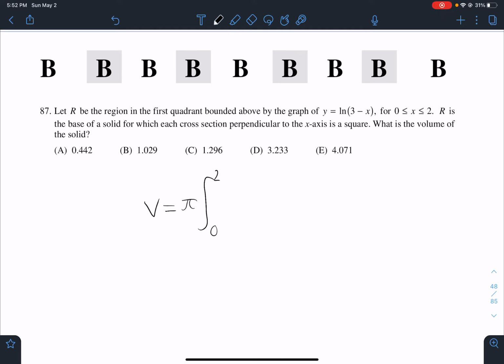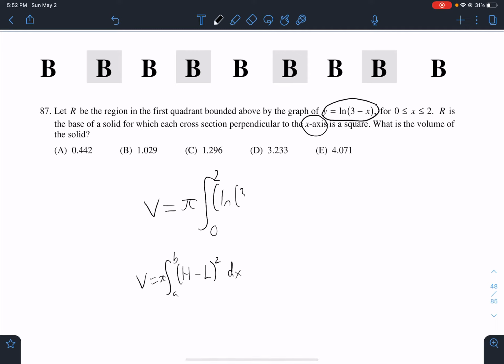So normally it would just be V equals the integral from a to b, pi, of high minus low squared dx. Our high in this case is ln of 3 minus x, and our low is just the x-axis. So we can just write ln of 3 minus x squared with respect to x.